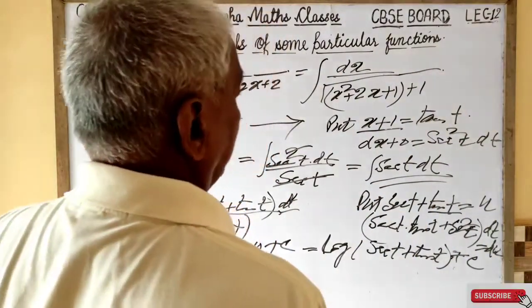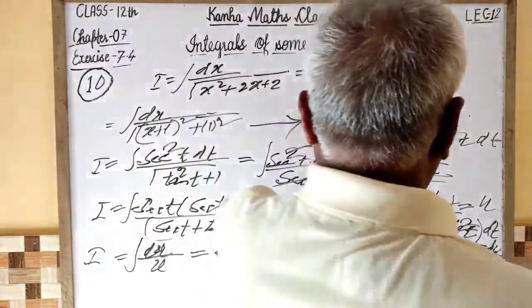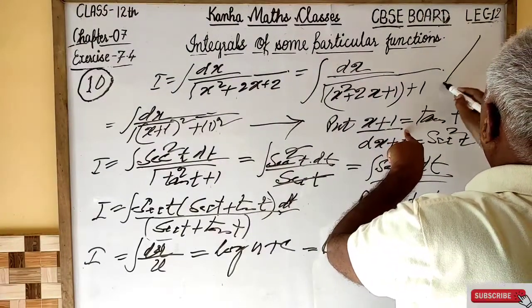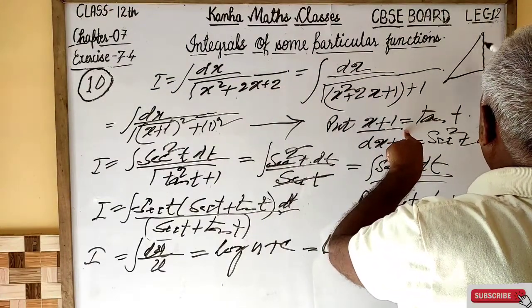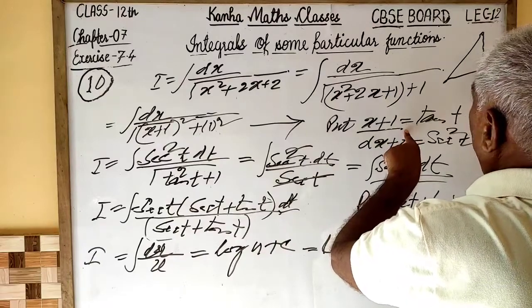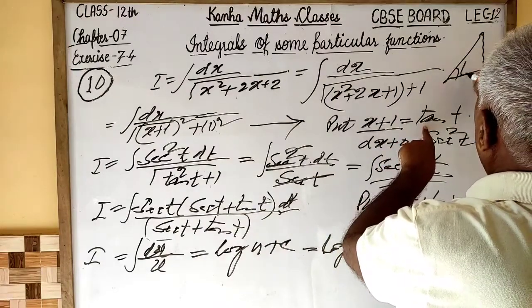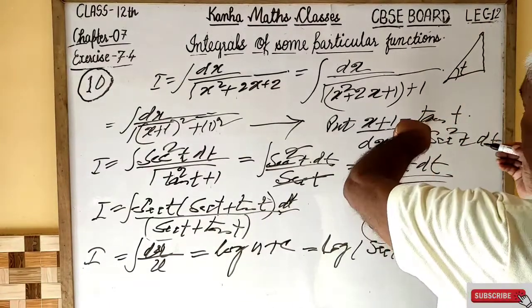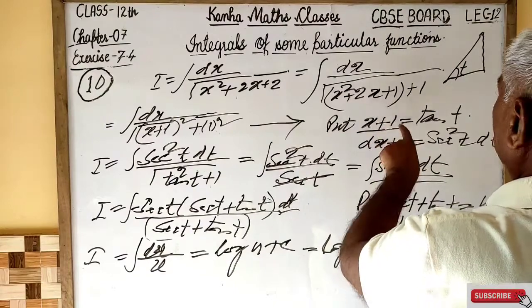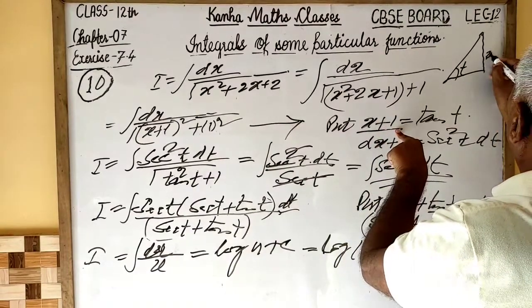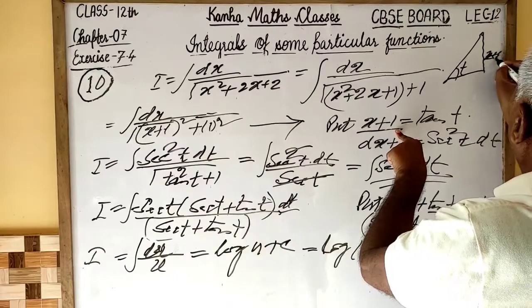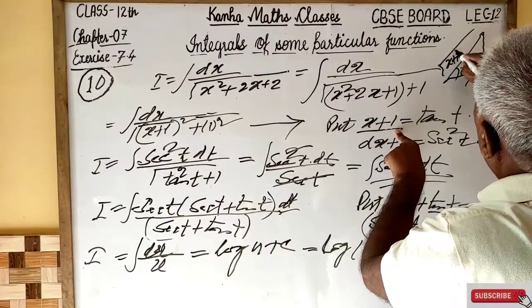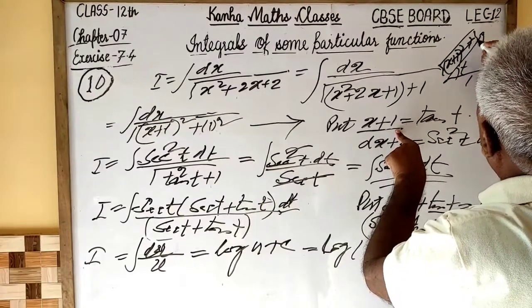Now here we have substituted x plus 1 is equal to tan t by using a trigonometrical angle. Tan t means x plus 1 upon 1, and the hypotenuse will be under root x plus 1 whole square plus 1.